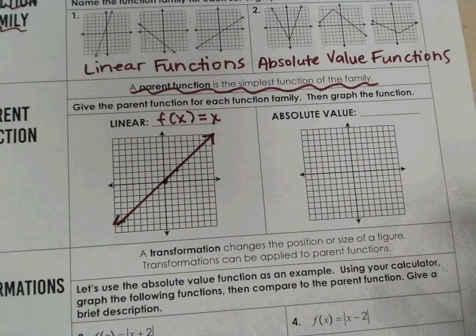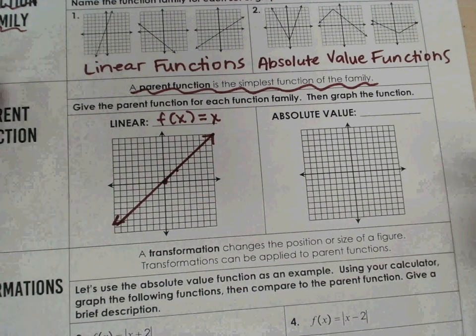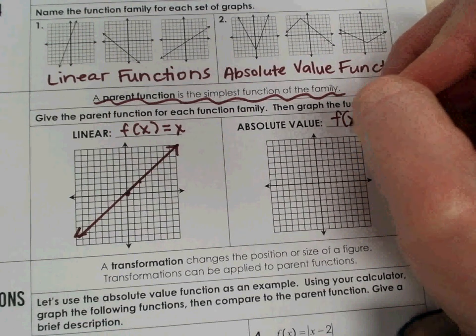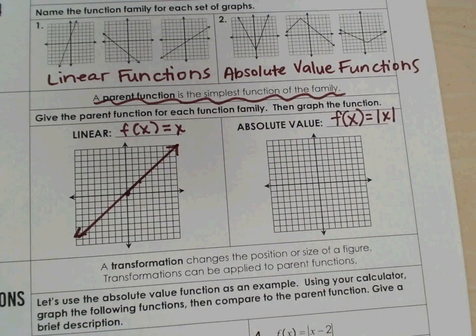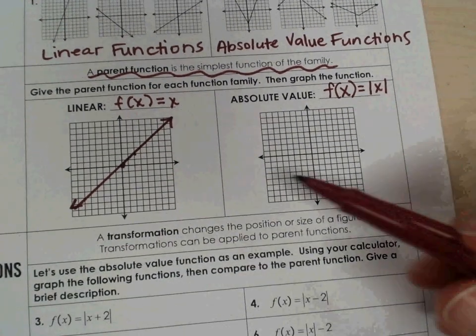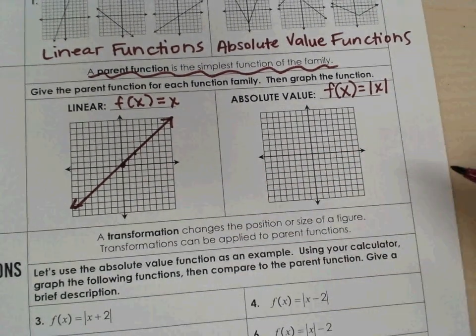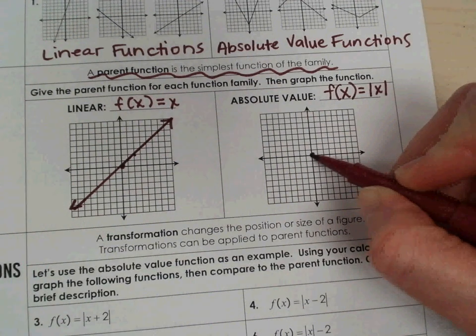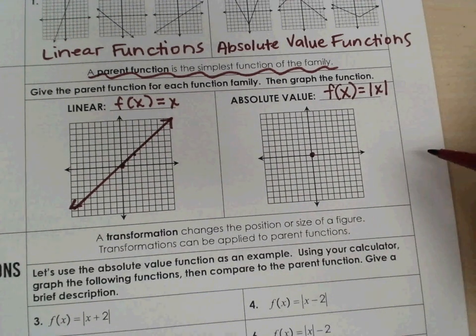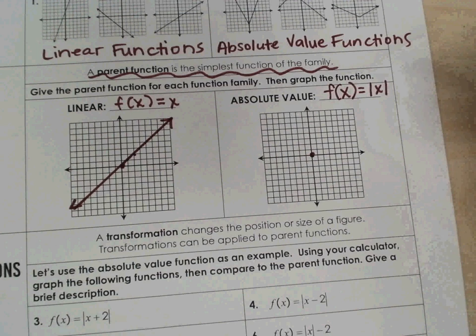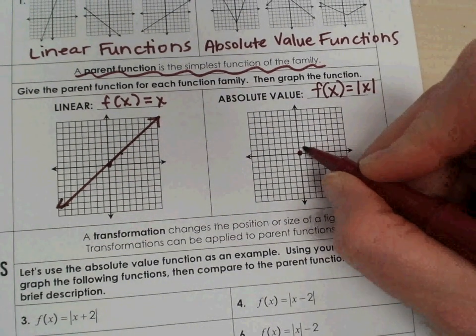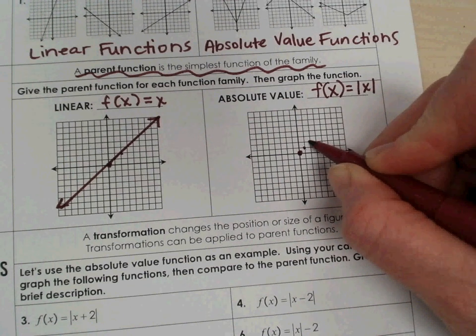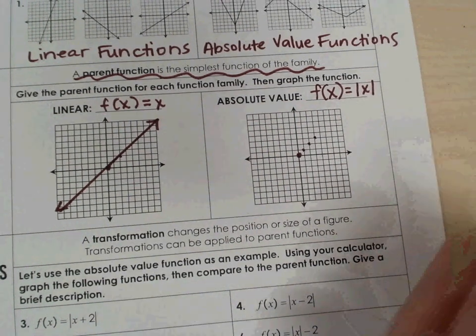The most basic form of the absolute value function, like we talked about in our notes from yesterday, is just f of x equals the absolute value of x. And similar to the linear parent function, it goes through the origin. The y-intercept is the origin. And the slope to the right of the y-axis is 1.